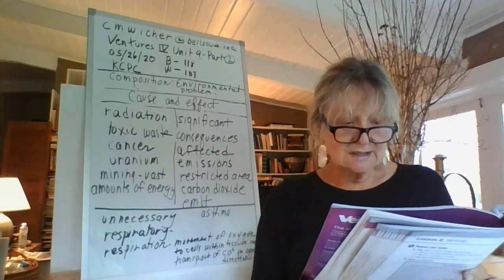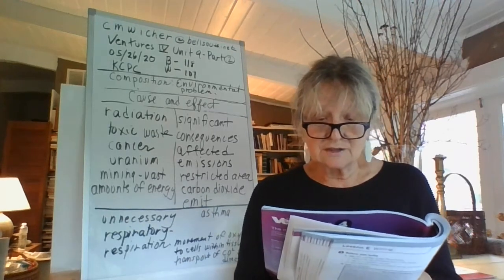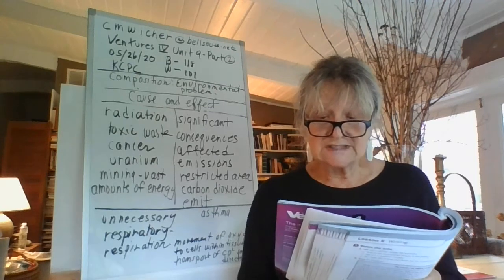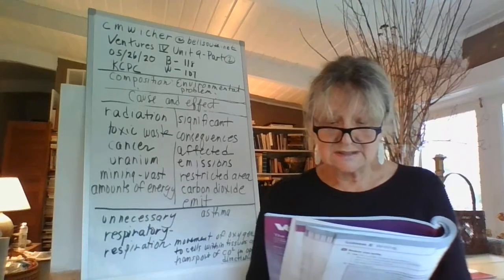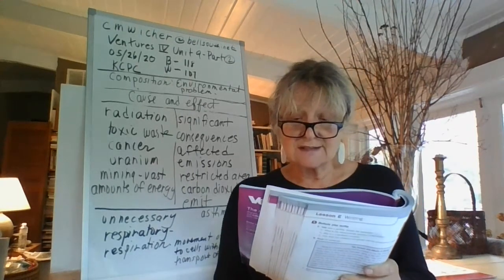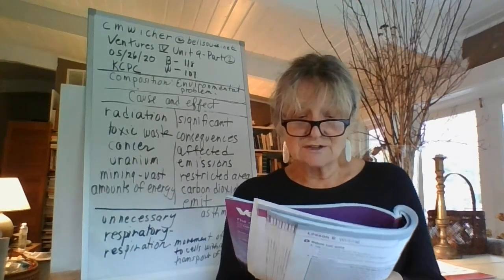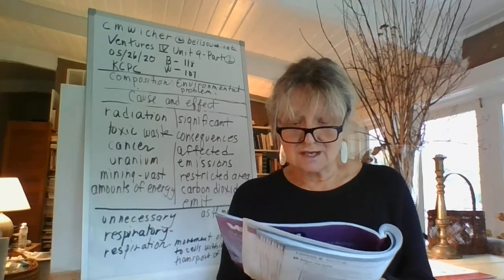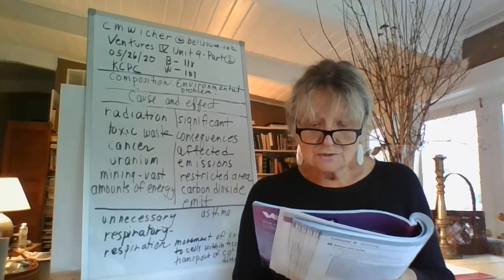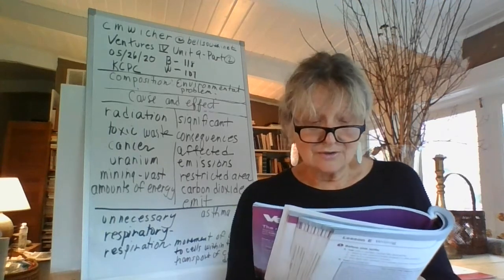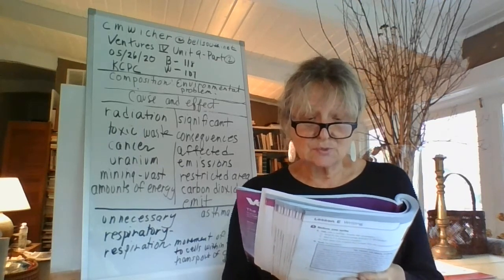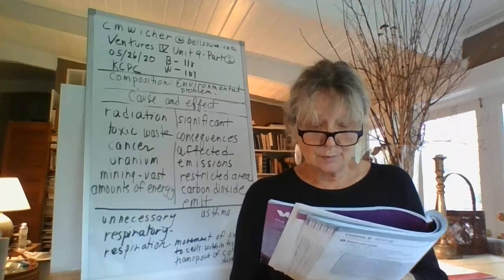Part 2 says, write a paragraph about an environmental problem in your city or community. Identify the problem in your topic sentence. Explain the causes and effects and provide supporting details for each cause. Use the paragraph in exercise 1B and the graphic organizers in exercises 1C and 1D to help you.